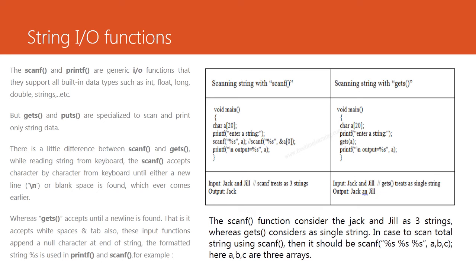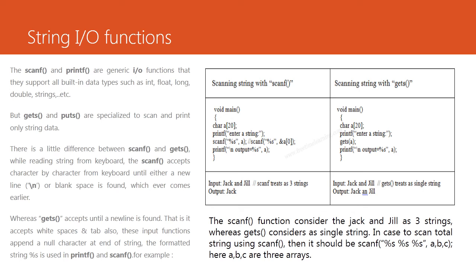See that example, scanning a string with gets. Here also we declare char a[20], that is an array of characters, then printf "enter the string". In the previous example we used the scanf statement. Here, instead of scanf, we can use gets(a). I hope that you can understand the difference between scanf and gets.